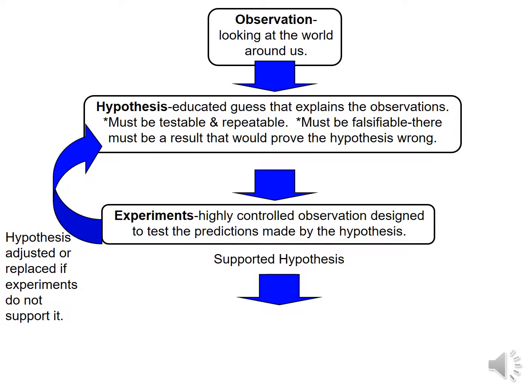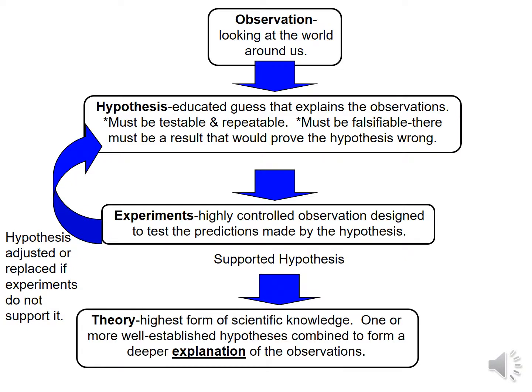Now, after a series of experiments, if our experiments are starting to support our hypothesis, then we might be able to formulate a theory. A theory is the highest form of scientific knowledge. It requires the greatest understanding of what is happening.